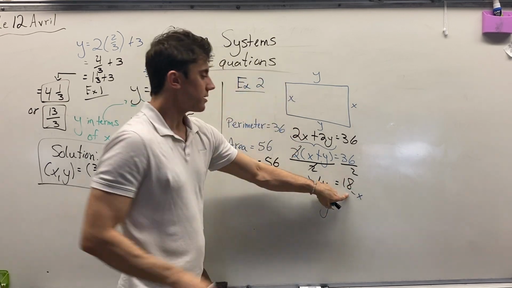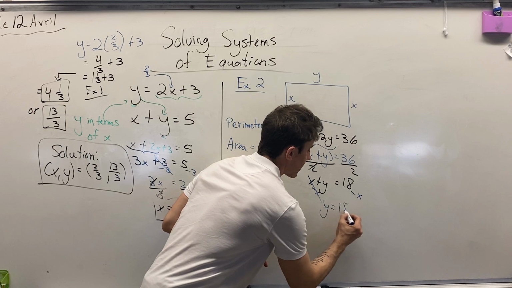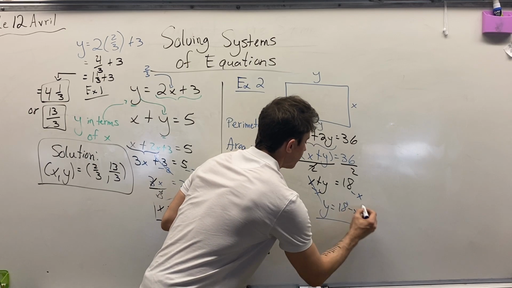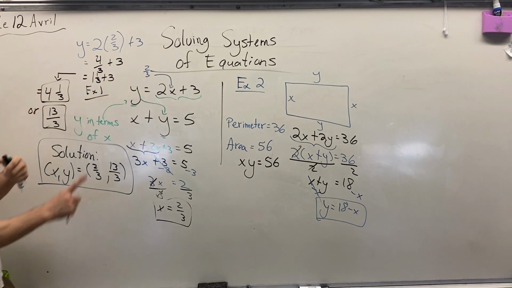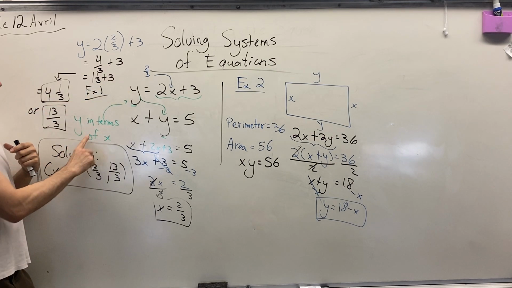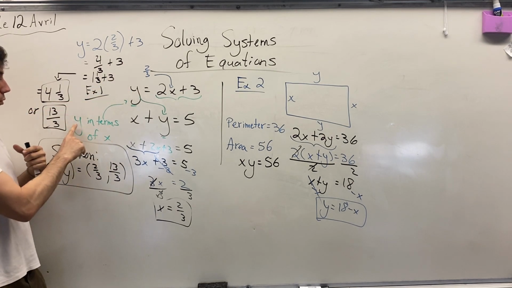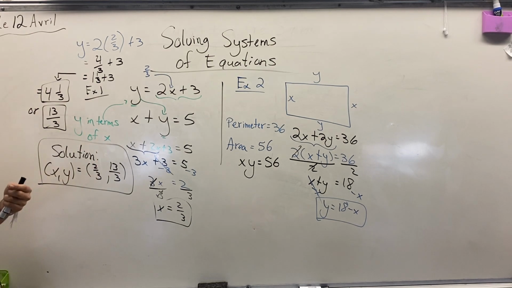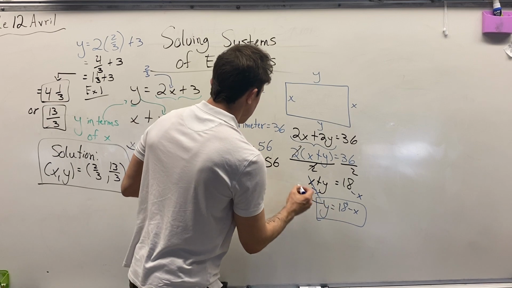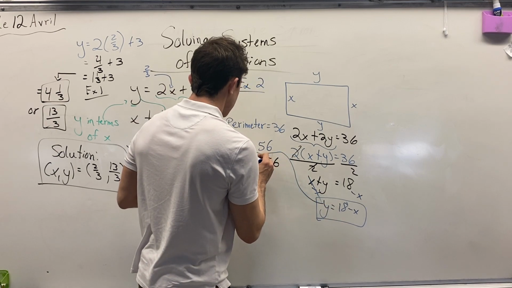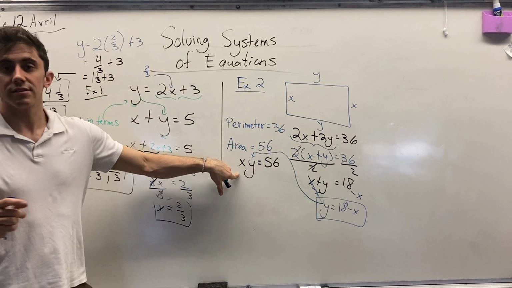And on the right side, we have 18 minus x. Okay. Now this, much like our first equation over here, is y in terms of x. It is an equation for y in terms of strictly x. Okay? So that allows us to substitute this in to our second equation.